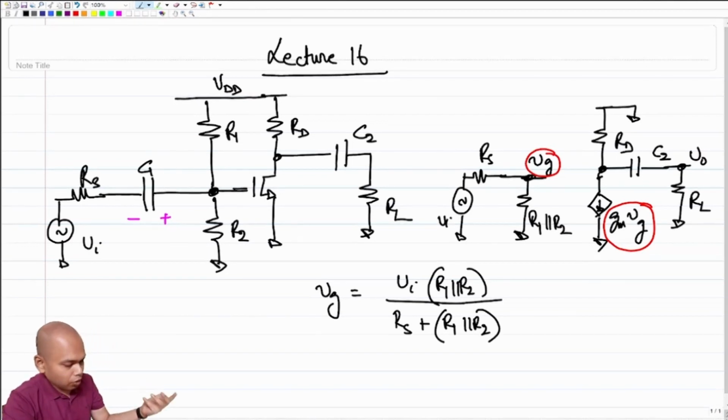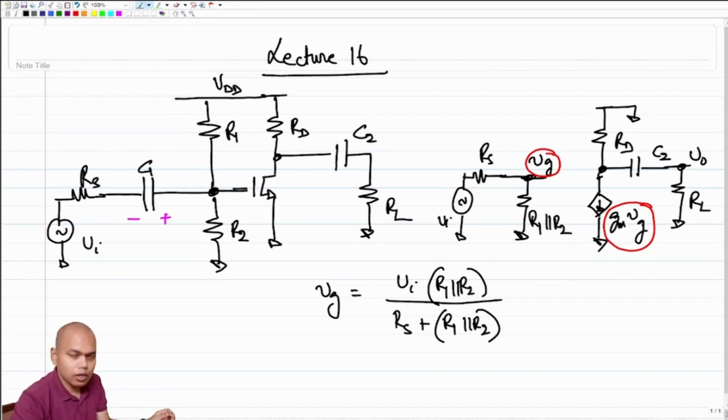And if you go back to lecture 15, what comment did we make on sizing the values of R1 and R2? We understood that we would want the entire signal to appear at Vg, right? Why do we want that? We want the entire signal to appear at Vg simply because we would want maximum gain.